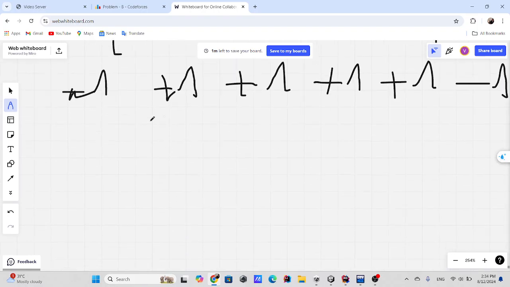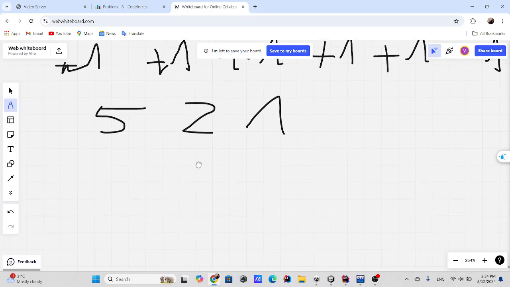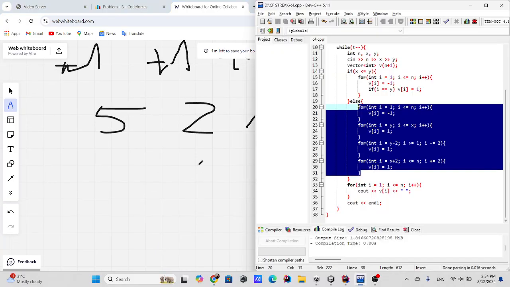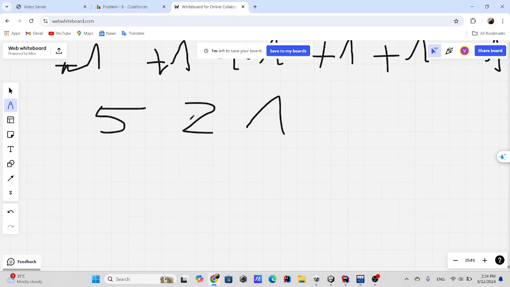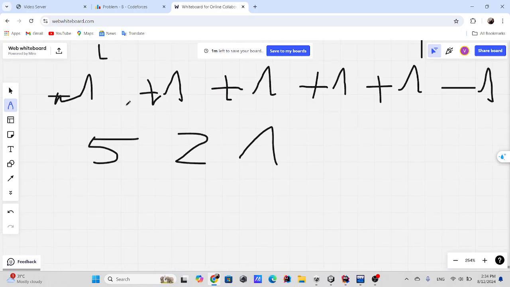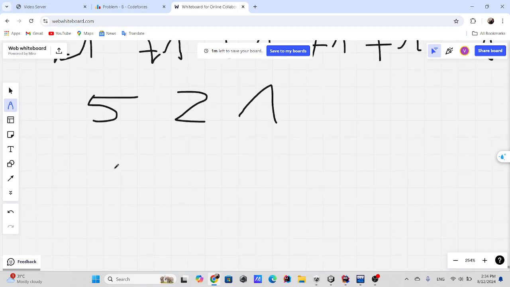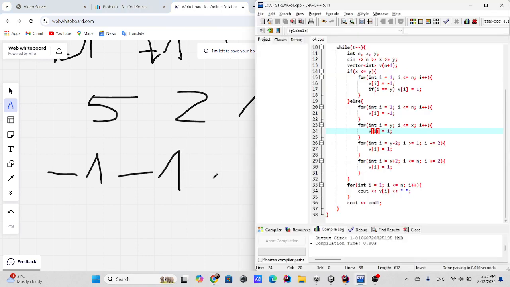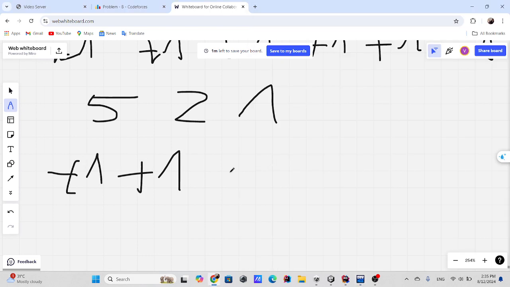But there is a special test case where we will find another index which will be smaller than e. So our answer here is still correct, but there's an index which will be smaller than e.